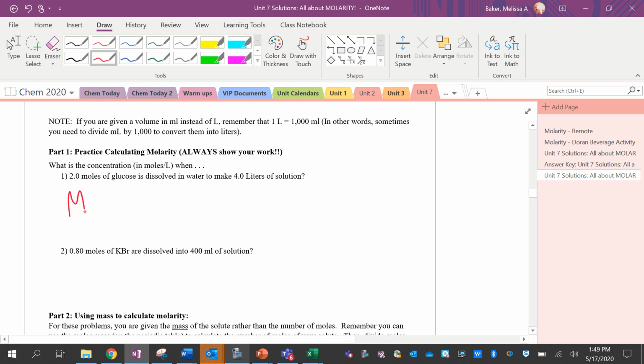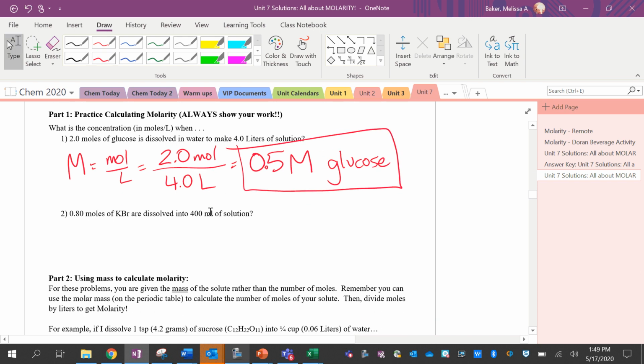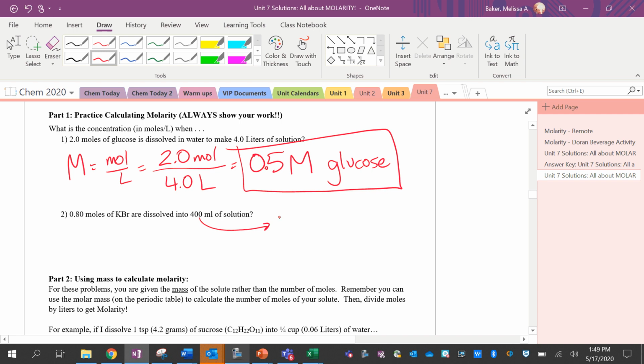Okay, so let's do a couple practice problems. Let's do 2 moles divided by 4 liters. What would the concentration of this glucose solution be? 0.5 molar glucose. Now, sometimes problems are annoying and they make you first convert from milliliters to liters.